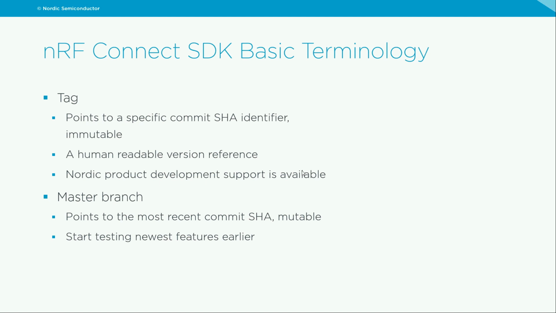So version 1.7.0 is a tagged version of nRF Connect SDK. Whereas the master branch is always the most recent commit SHA. That's mutable, which means it's changing all the time, and that commit SHA is not human readable. It doesn't have a nice 1.7.0 tag, for example.